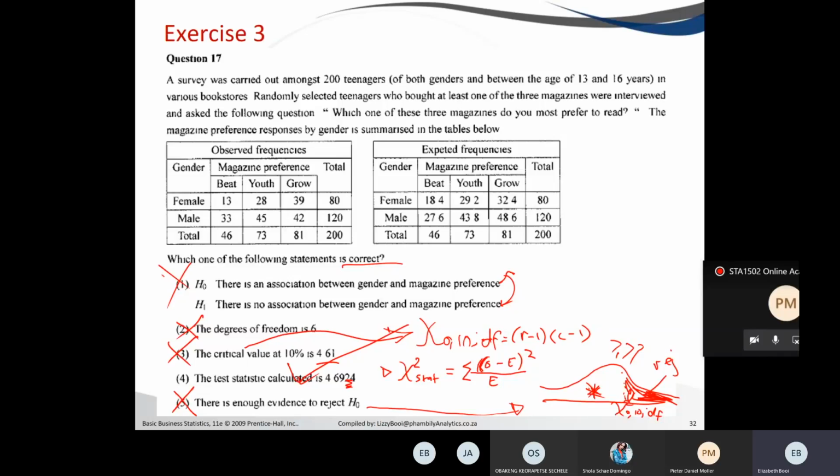The critical value, now you are confusing me. Peter said it's 7.79 and you're saying it is 4.61.